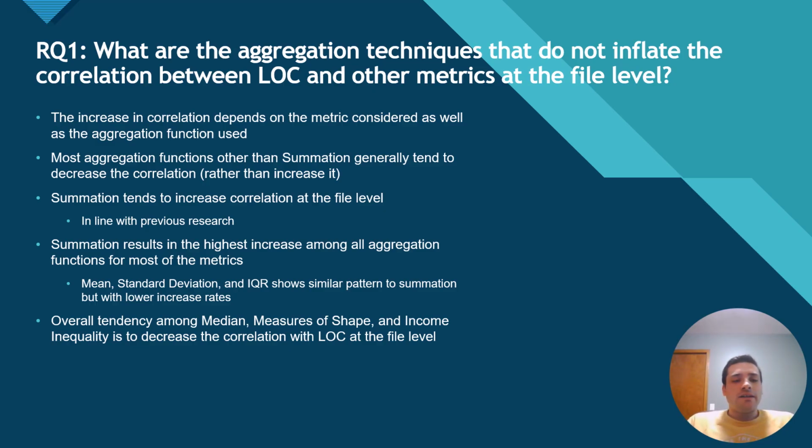They also found that summation results in the highest increase among all aggregation functions for most of the metrics, and mean, standard deviation, and interquartile range show similar patterns to summation, but with lower increase rates. The overall tendency among median, measures of shape, and income inequality is to decrease the correlation with lines of code at the file level.